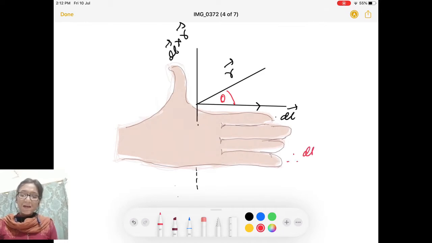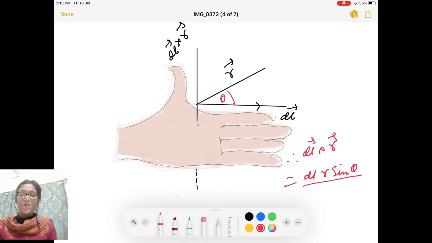Therefore dl cross r will have a magnitude that is the product of the magnitudes of the two, dl into r into the sine of the angle between the two. This magnitude is associated with the direction of this vector.